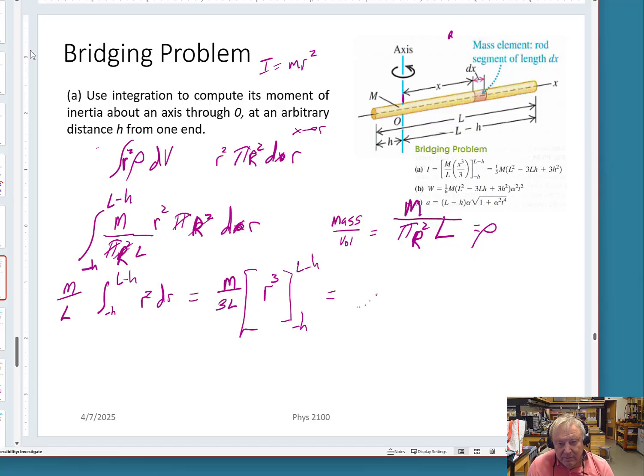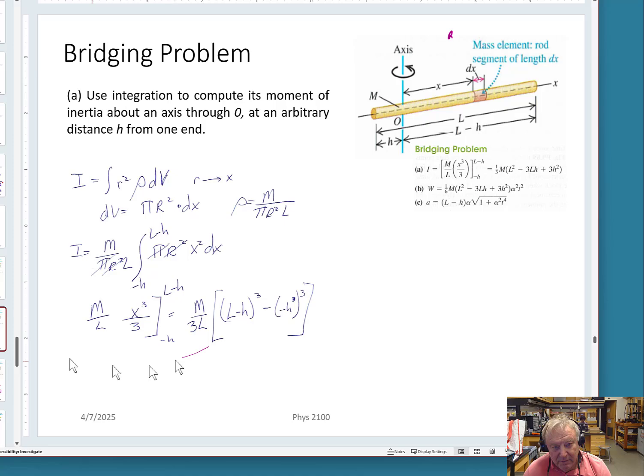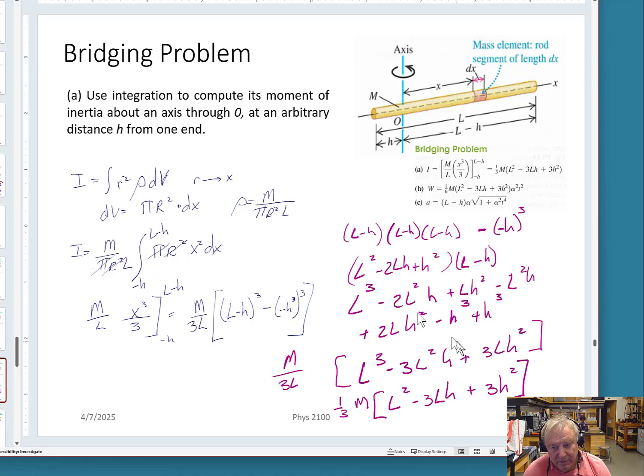And so M over 3L, L minus h cubed minus minus h cubed, and yeah, there it is. And so it's a bit of a whopper, L minus h cubed.